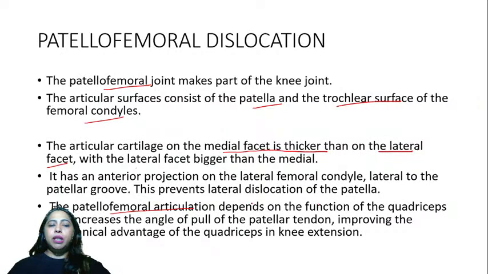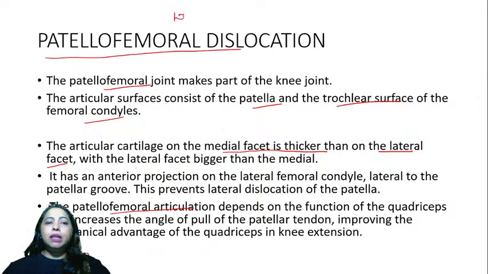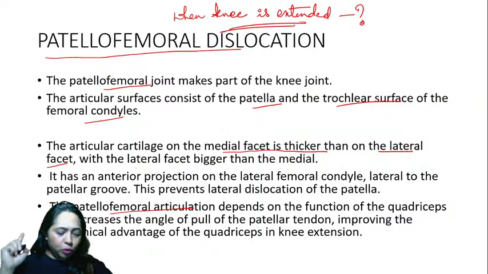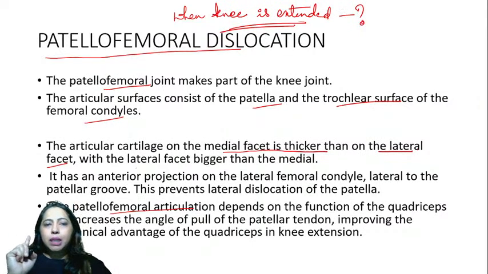So usually the patellofemoral dislocation happens when the knee is extended. Now, which group of muscles does the knee extension? Who can tell me? Always the action at the knee is opposite to the action at the hip.